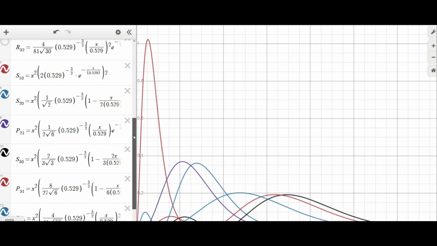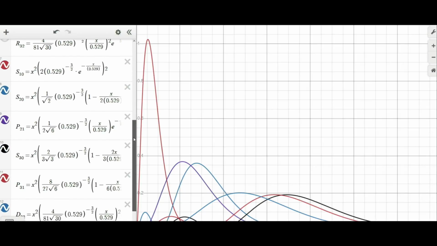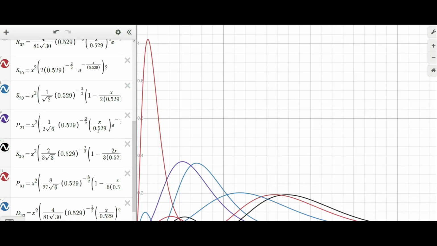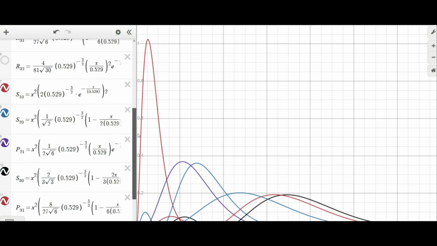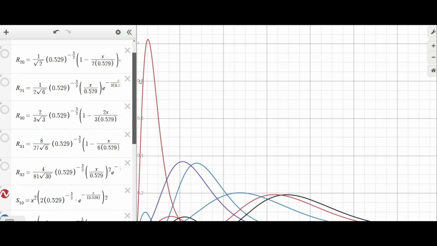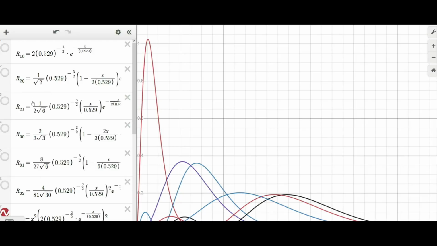I will leave a link to this saved one in the lecture notes, which will be linked in the description down below, if you wanted to play around with this. The ones down here, labeled S, SP, SP, and D, are the actual radial equations for the probability distribution, where up here, the ones that have R are the probability amplitudes for these.